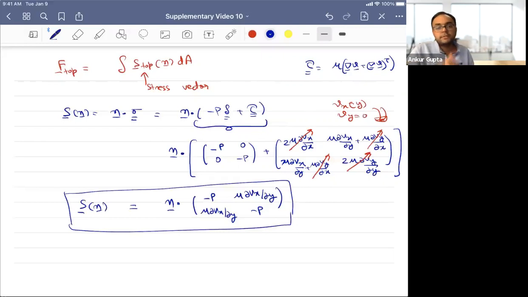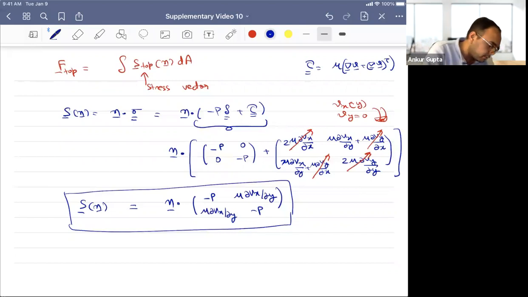And I hope this also physically makes sense of why we are getting the stress vector, because the pressure always acts normal, as we have discussed several times over, but the shear stress can only happen because of the velocity in the x direction and the gradients in the y direction. So the velocity is only dependent on y. That's why the shear stress is mu del vx by del y, because that's the only direction it is changing. And it always will act tangentially, so that's why it is an off-diagonal component. Okay. Now, I hope this is clear.